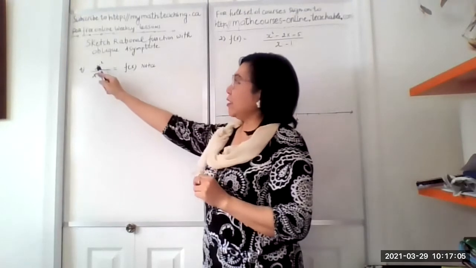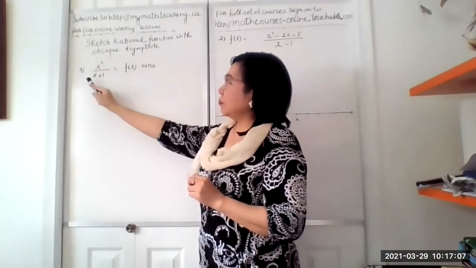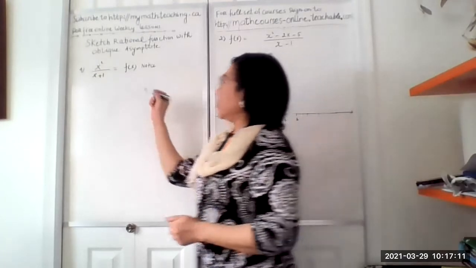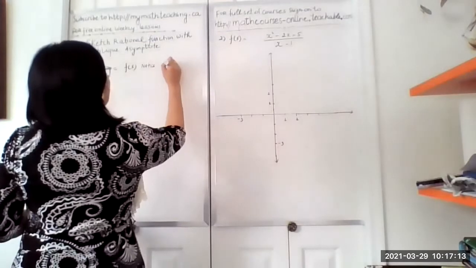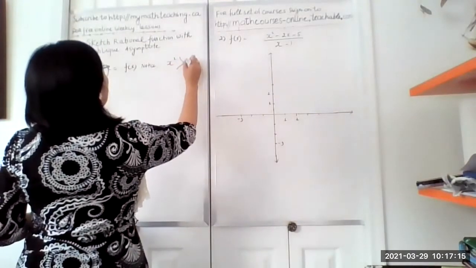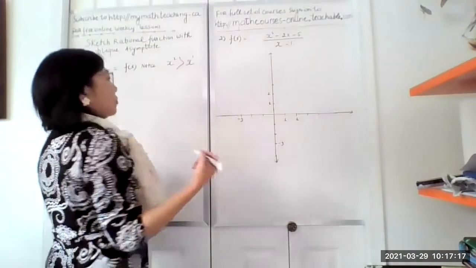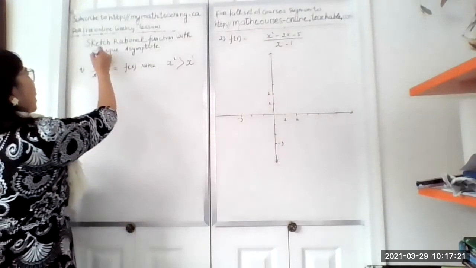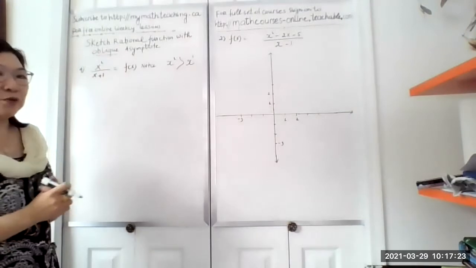For example, here you have x squared on the top, but you have x to the power 1 at the bottom. So we notice that x squared is bigger than x to the power 1 for sure. So whenever it's like that, then we have the oblique asymptote.